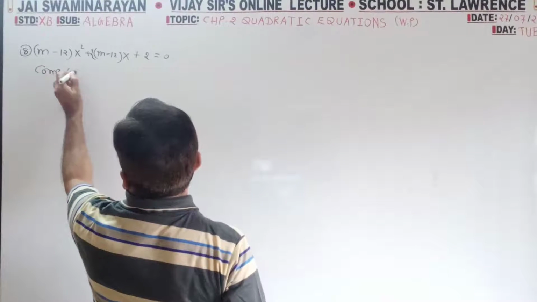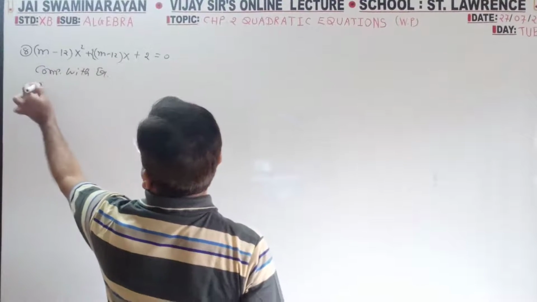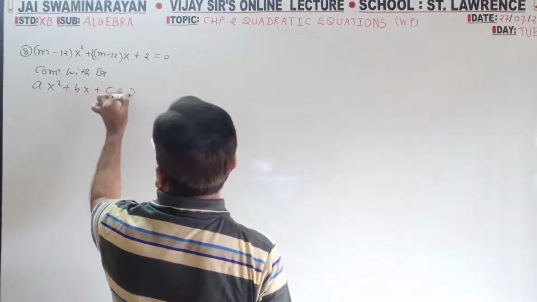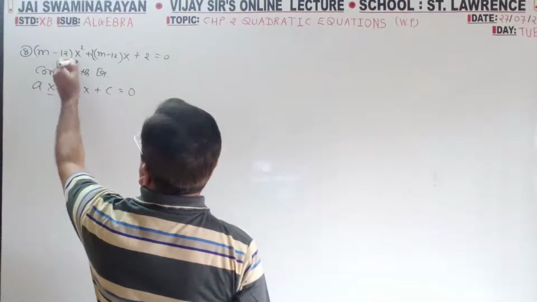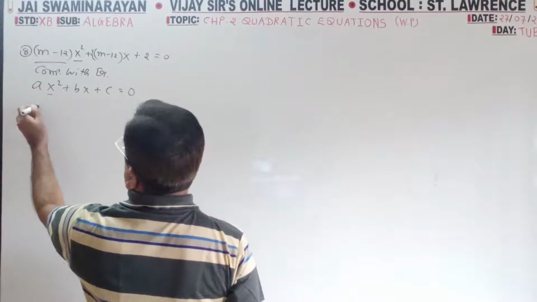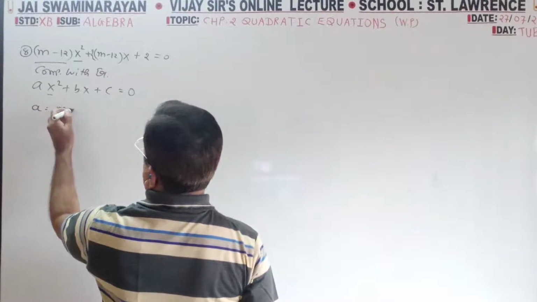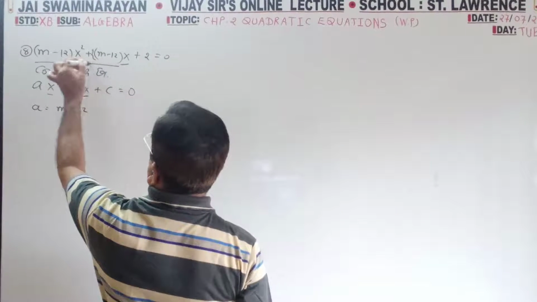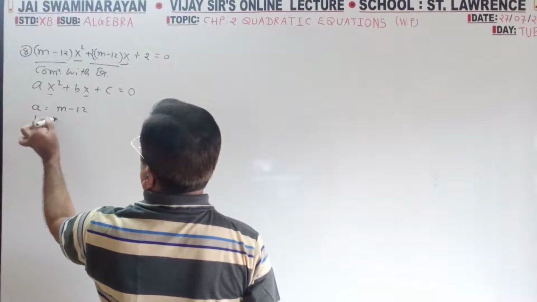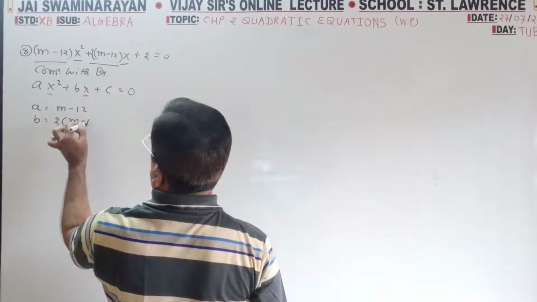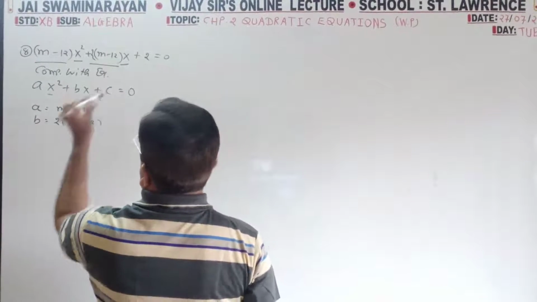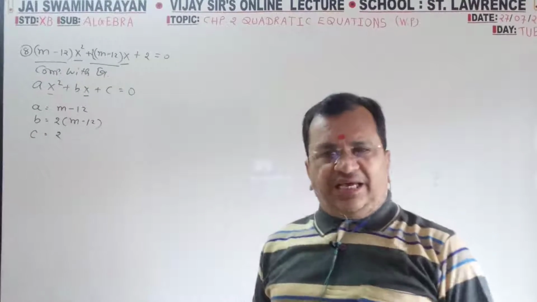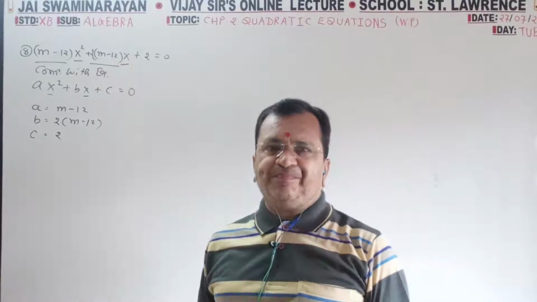Compare with the equation ax square plus bx plus c is equal to 0. Whatever is with x square is a, whatever is with x is b, and the last number is c. You got a, b and c.